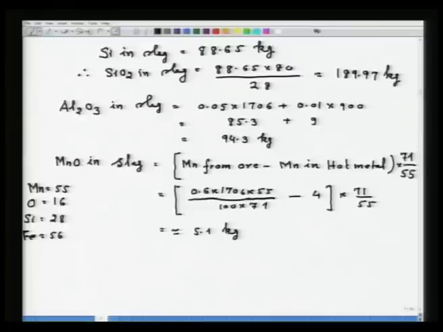You get 5.08 or something. So, 5.1 kg it makes. That is how you calculate the MnO in slag.